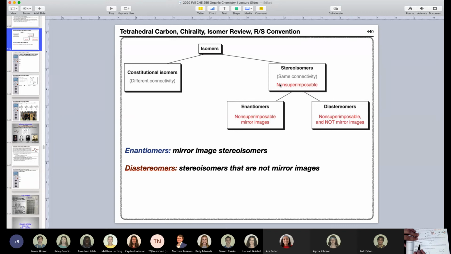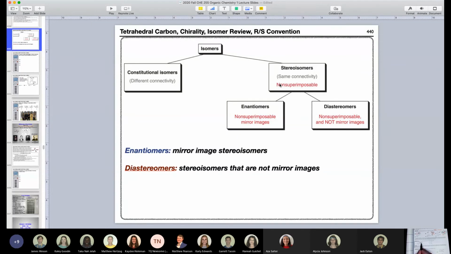What about this one now? The lowest priority group is coming towards you now. Remember that. So we have 1, 2, 3.